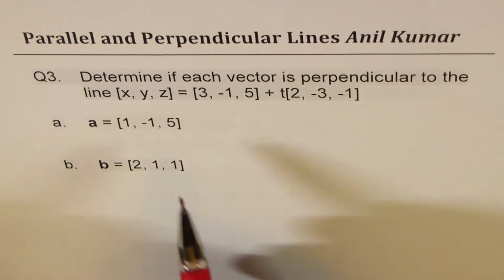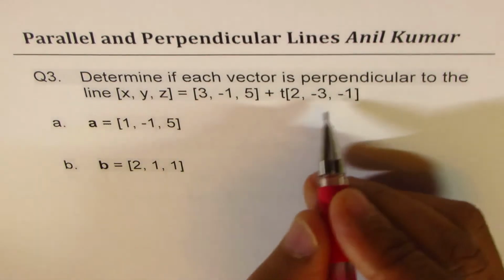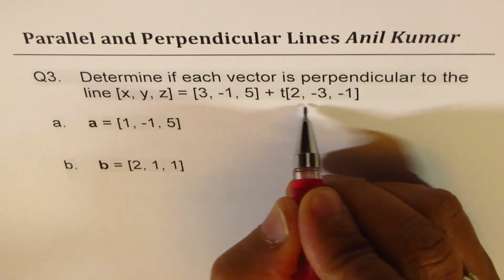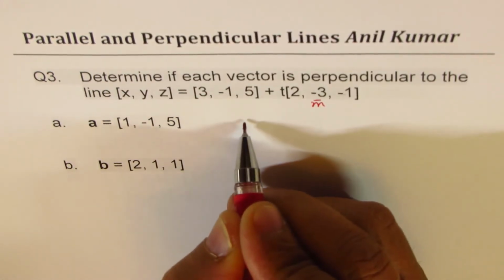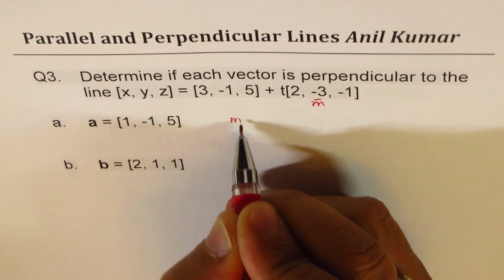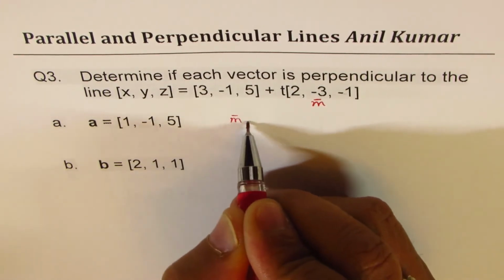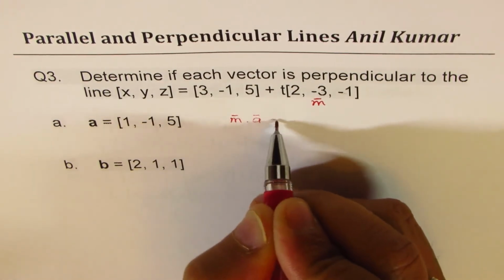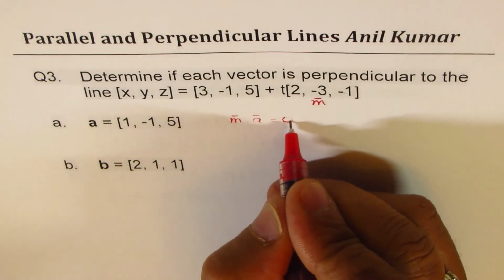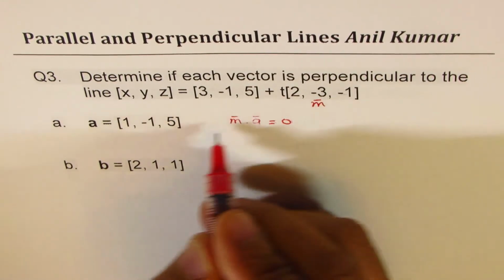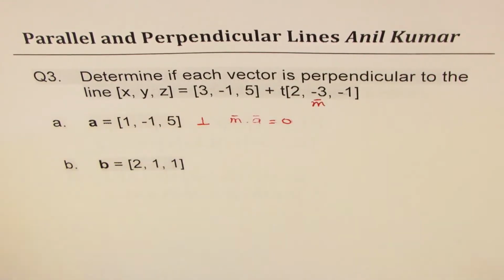So when we have to show that, this is our direction, let's say M. In that case, we need to figure out the dot product, right? So M dot A should be 0 for the vectors to be perpendicular, correct? So that is the concept.